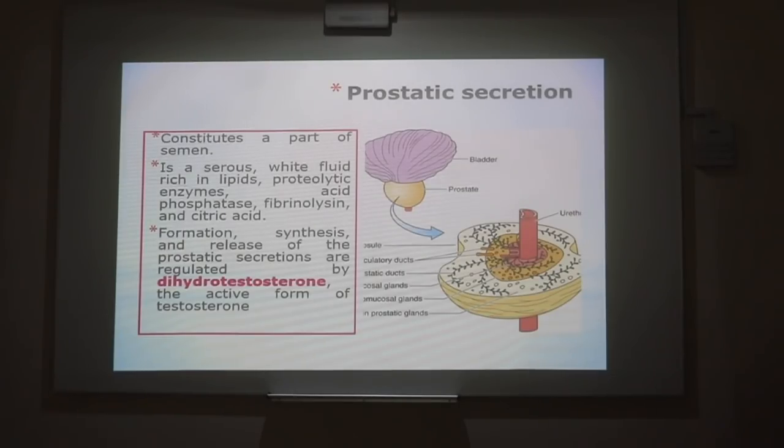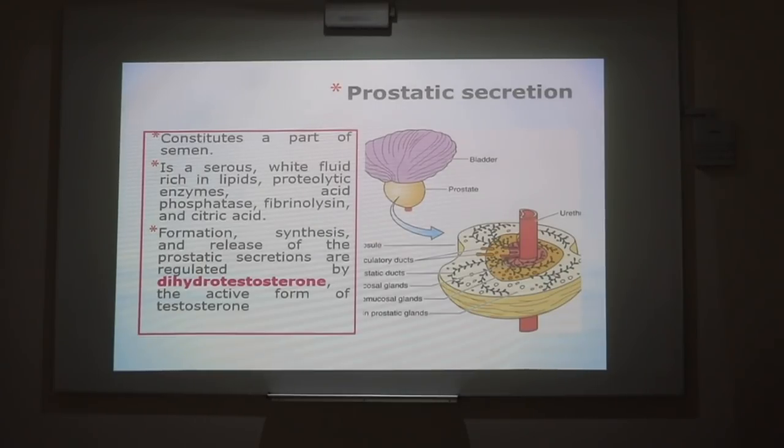help in relieving the obstruction to the urinary tract, because once there is more glandular, especially the mucosal part of the glandular prostatic gland, if it increases in size, it is going to compress the prostatic urethra, which will result in obstruction of the urine. So in old age, as the prostate gland increases in size, it can obstruct the urethra, causing the urinary obstruction.